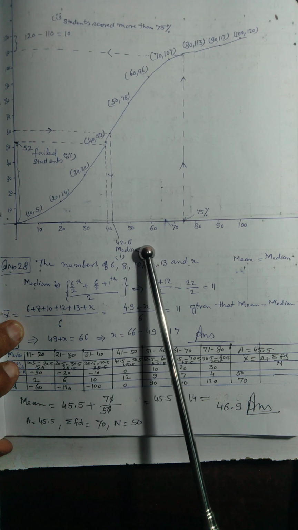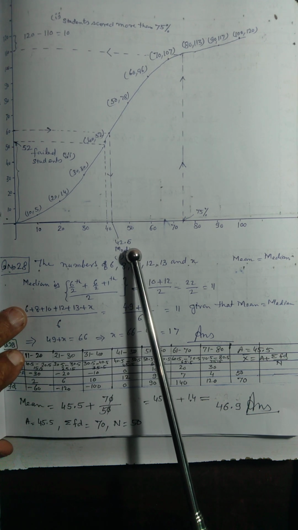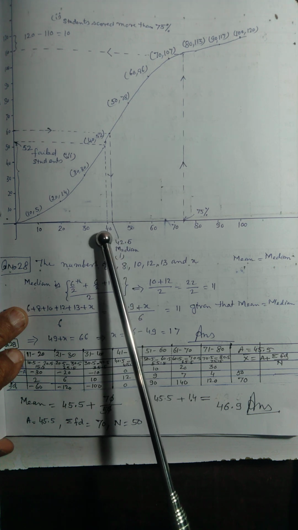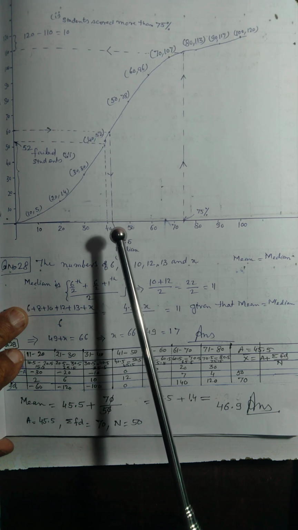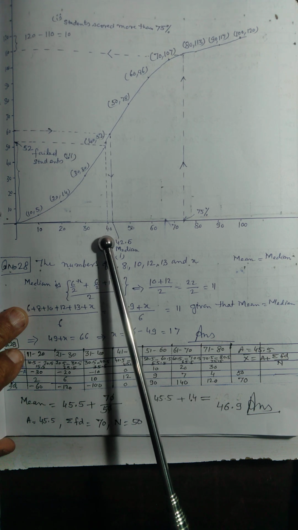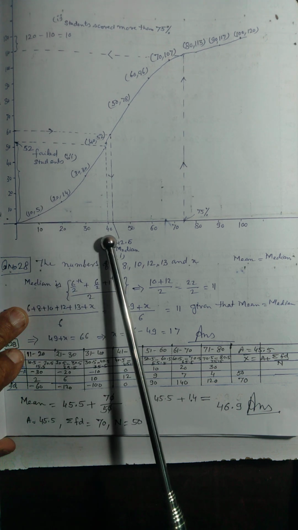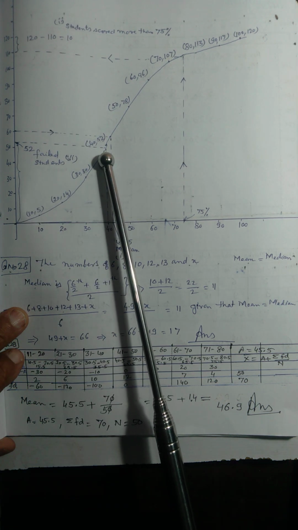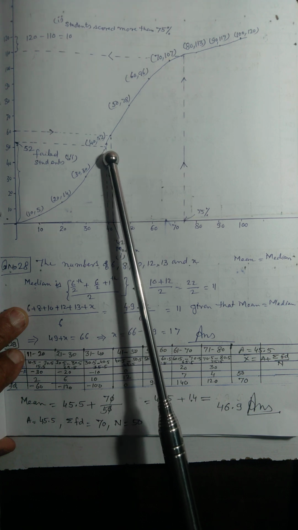Now the students who secured less than 40% marks are failed students. So from here you draw a line parallel to y-axis from 40, which will intersect the ogive somewhere here.